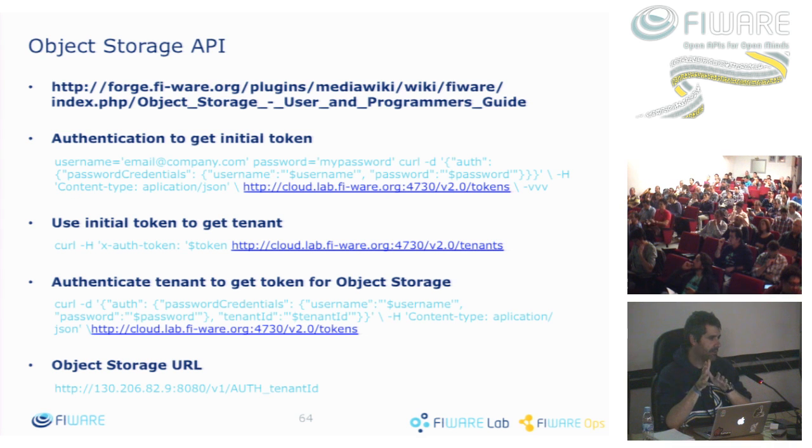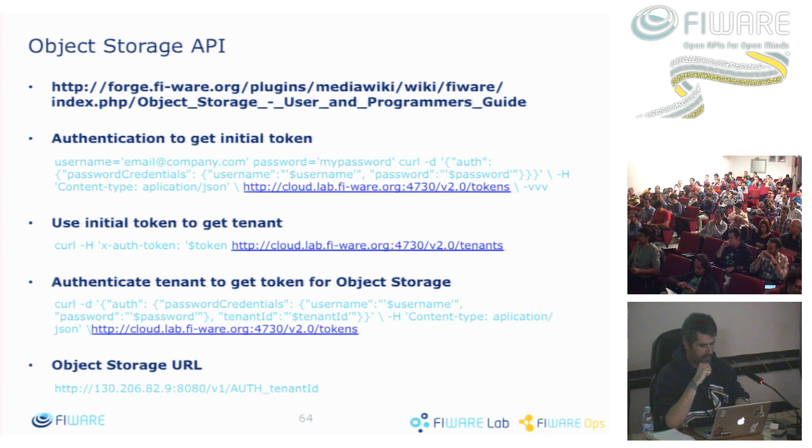This is the security part. With the token, you can get the tenant. You can authenticate the tenant with the token, and you can get the object storage URL with the auth.